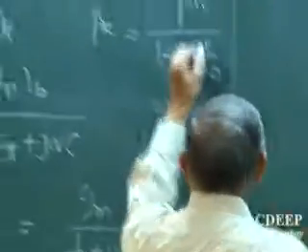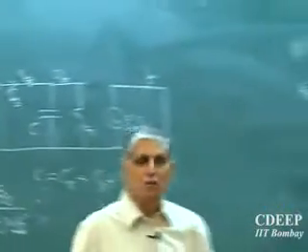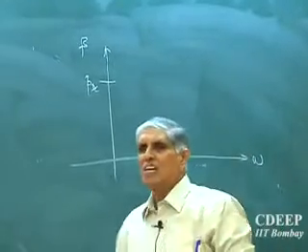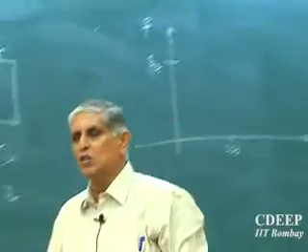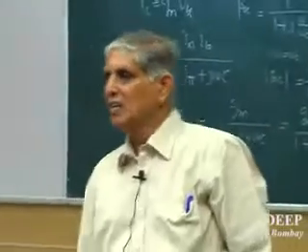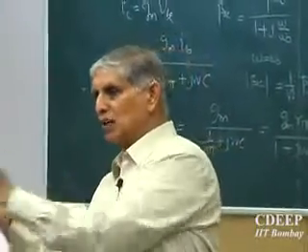If omega is less than omega 0, let's say this is my omega 0. If omega is much less than omega 0, what will be beta DC? Beta DC, because that magnitude wise the other term is small.